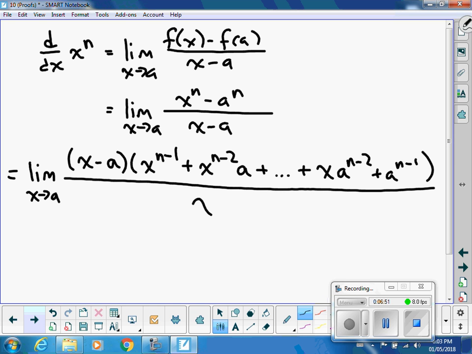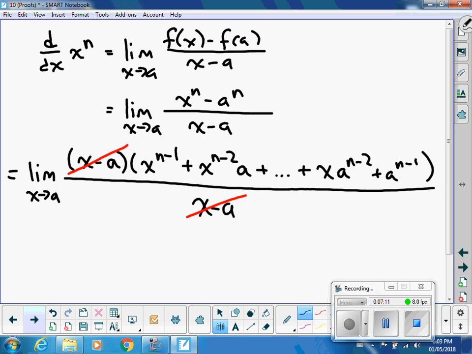The whole thing is divided by x minus a. Much like when h approaches 0, we're trying to cancel out h. You can see that we're going to be able to cancel out x minus a now. I can divide top and bottom by x minus a.